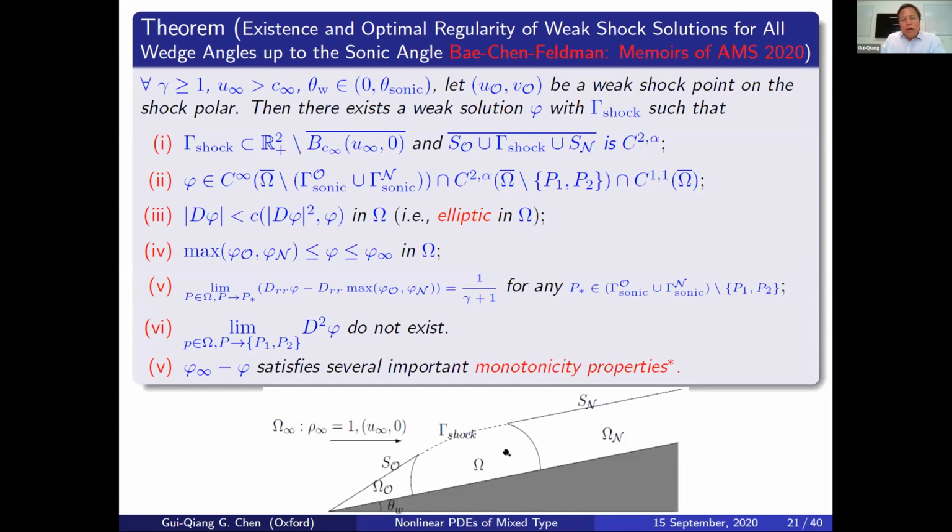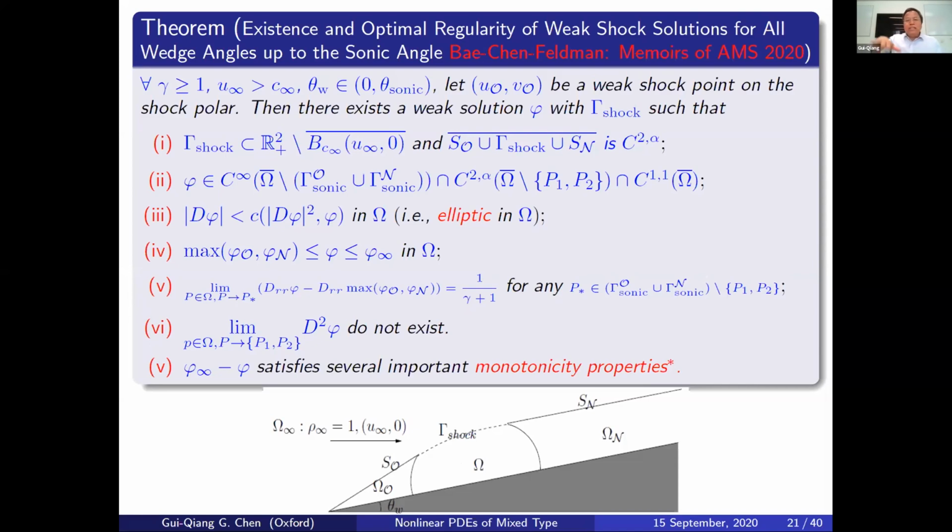And the transition from elliptic to hyperbolic matches not only the Dirichlet and Neumann conditions, but even C1,1, and C1,1 is optimal. We also get a solution at the corner with C1,1, the optimal regularity, and also various properties. So this is for angle less than the sonic angle.